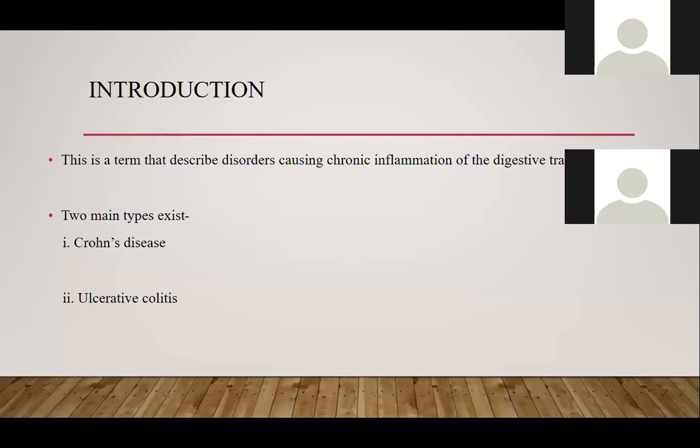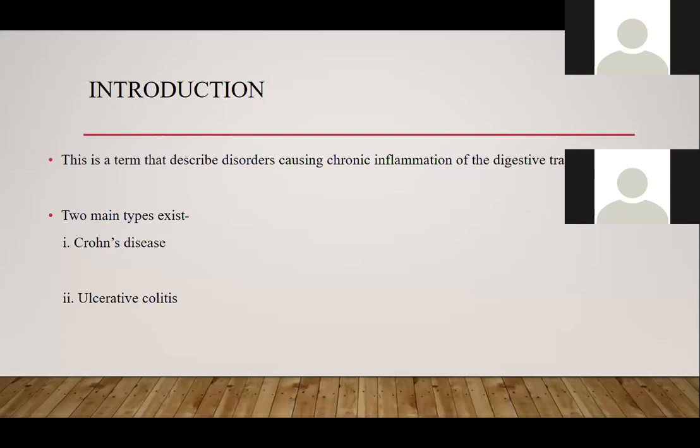So as we go on, we are going to see that some of these features of inflammation will be present along the intestine or the bowel, or depending on wherever you're finding this condition, you're going to have these features of inflammation present.